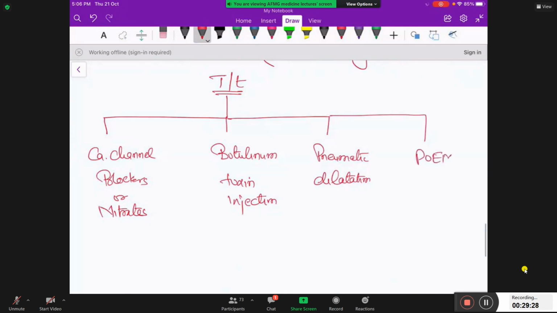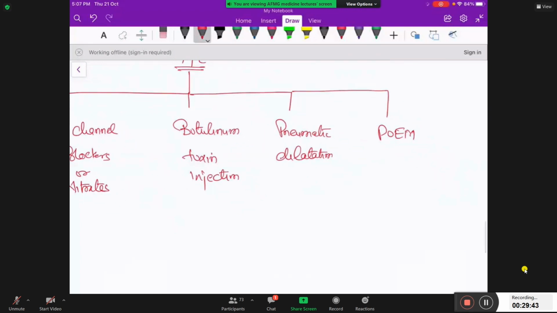What is POEM? Per oral endoscopic myotomy.